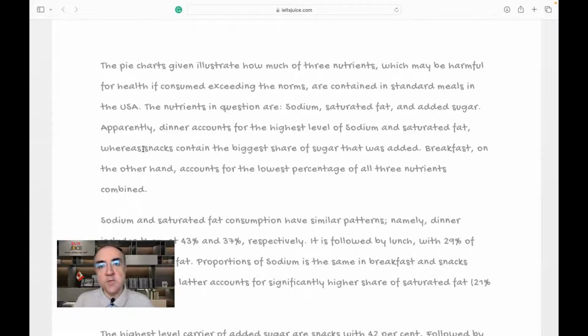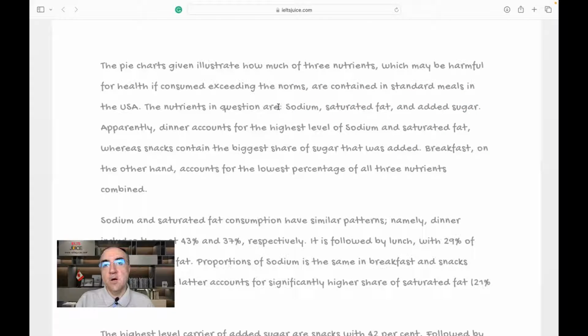The nutrients in question are sodium. We don't need the colon here because it's part of the sentence. Without this, it's meaningless. Like if I delete this part, the nutrients in question are. I expect this part to happen.